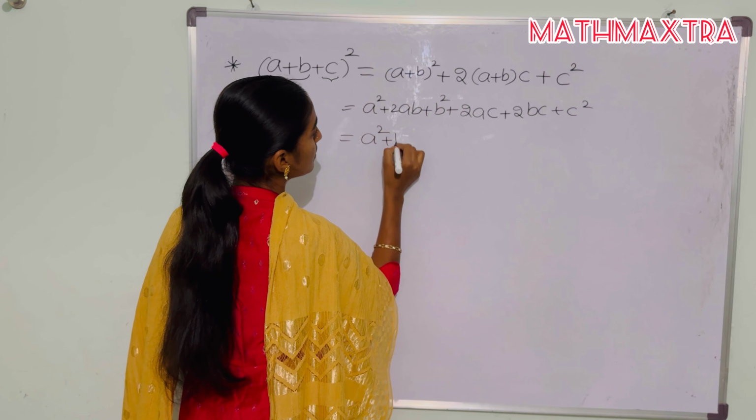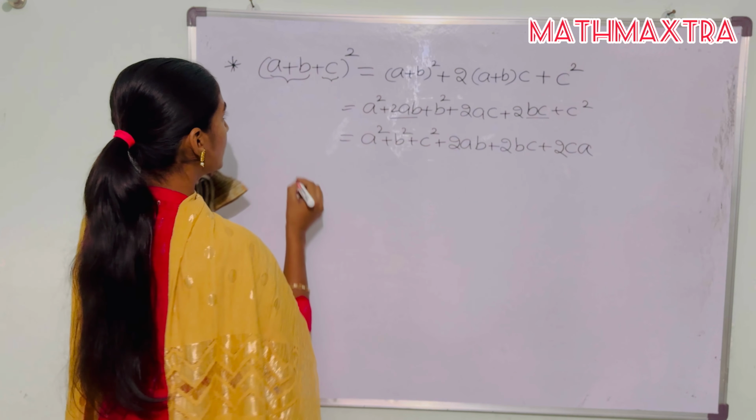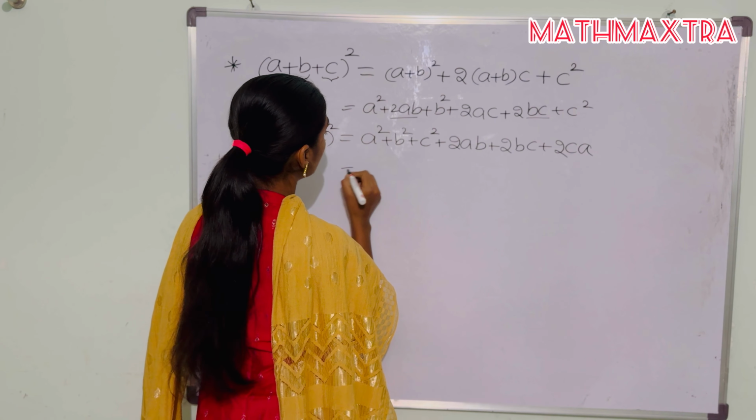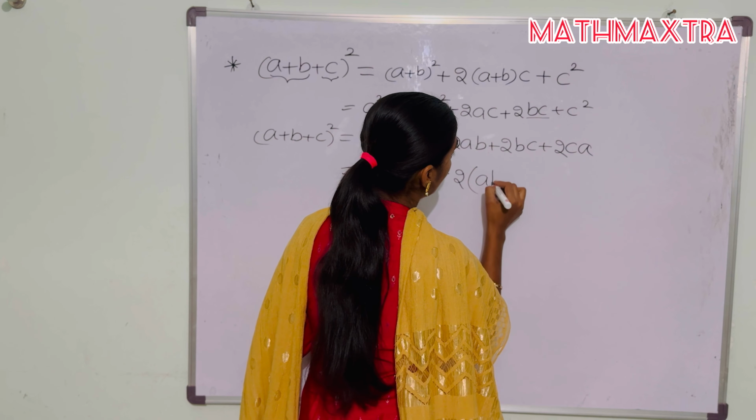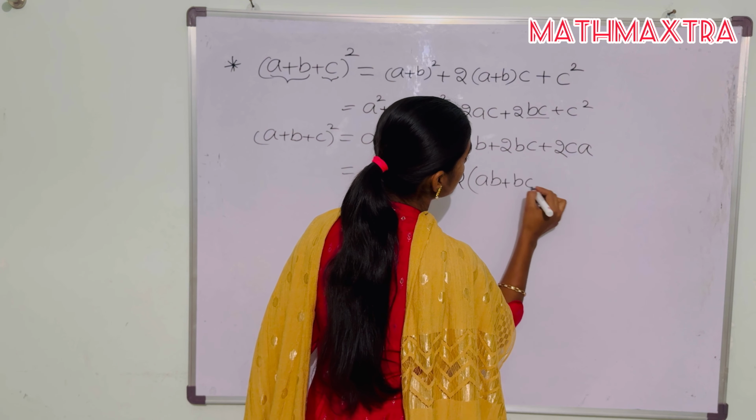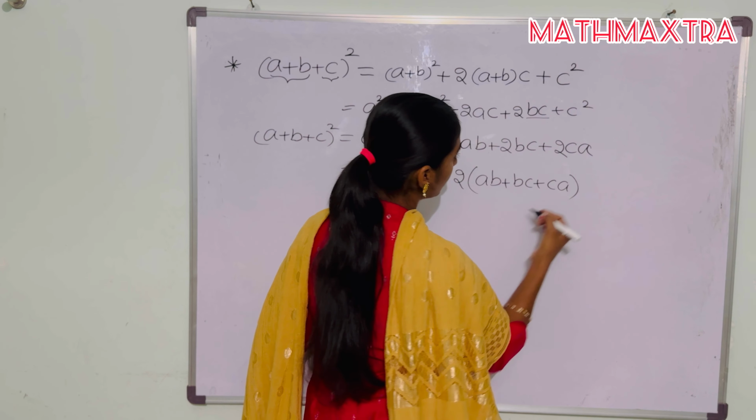Okay, so this is what we got for the value of (a plus b plus c) whole square. This we can also write as a square plus b square plus c square plus, if you take 2 common, (ab plus bc plus ca).